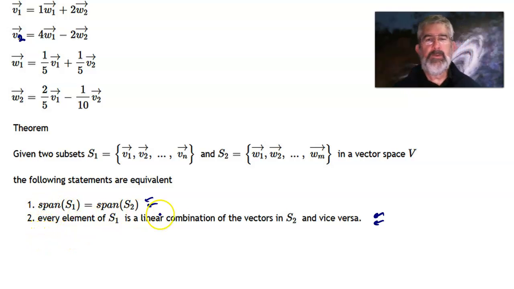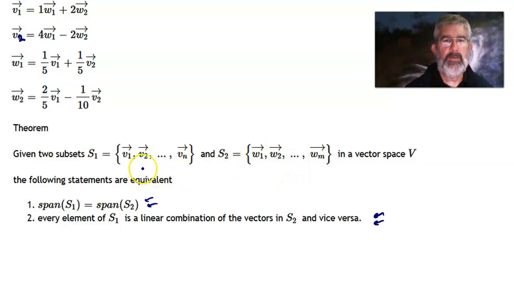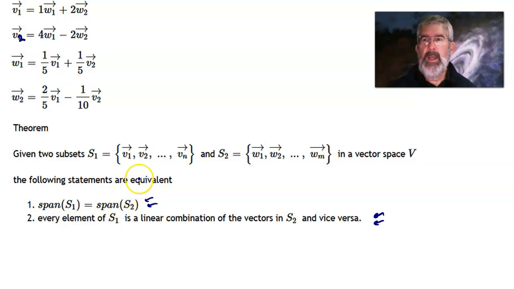Okay. The proof going the other way: assume you know that every one of the v's is a linear combination of the w's, and that every one of the w's is a linear combination of the v's. Then you have to show that these two sets are equal. And the way we show that two sets are equal is to essentially show that each one is a subset of the other one. So I'd have to take something in the span of S2 and show that it's in the span of S1.